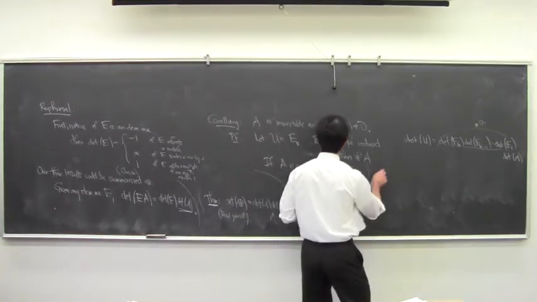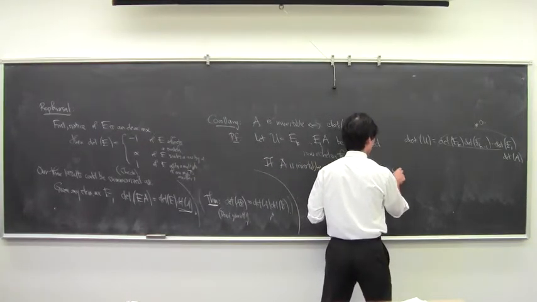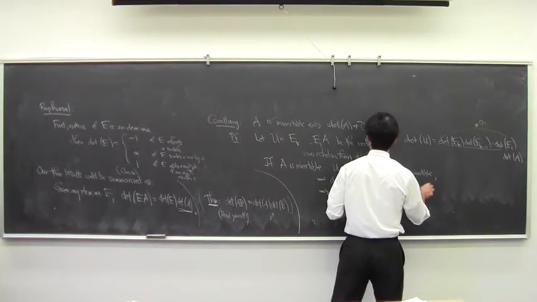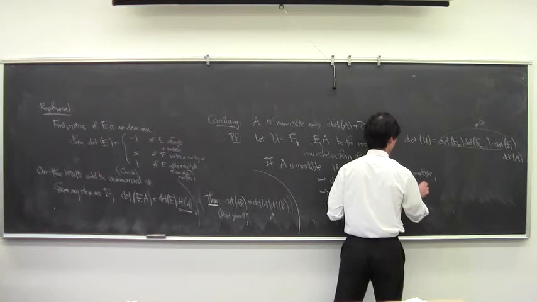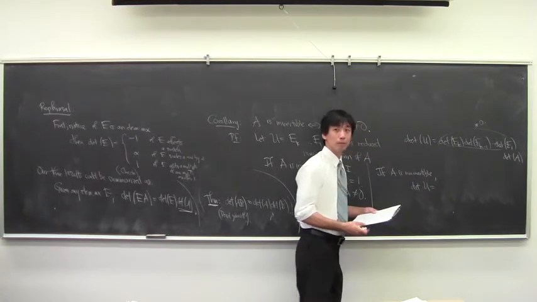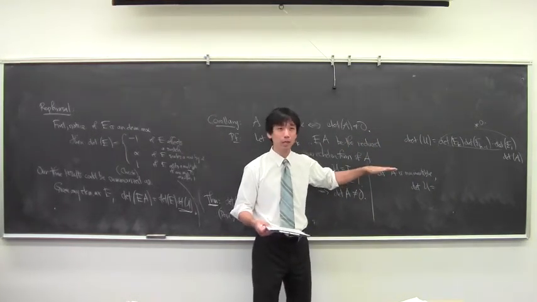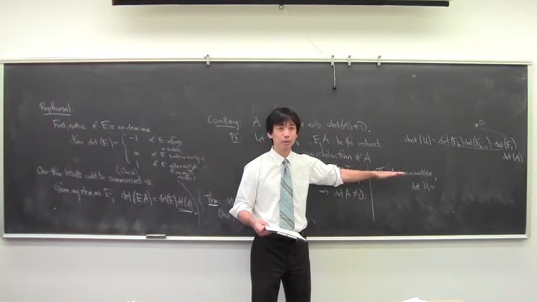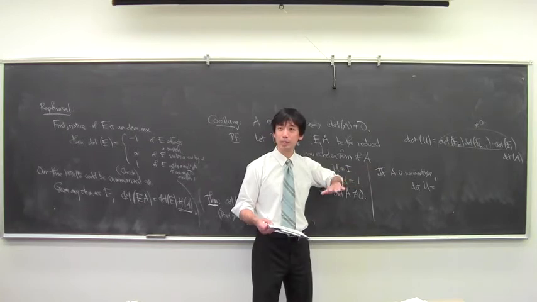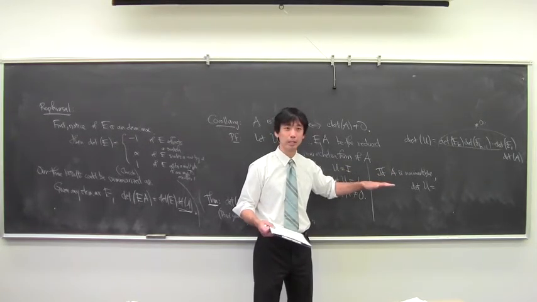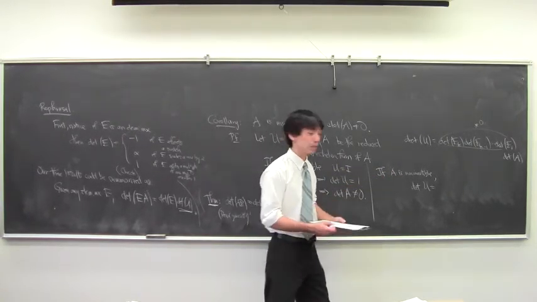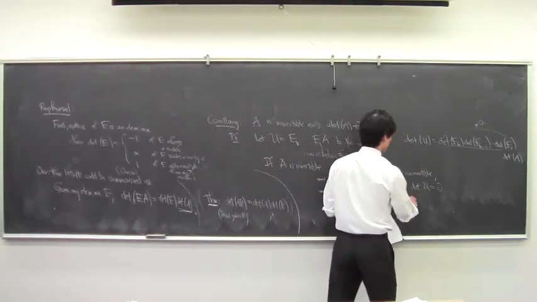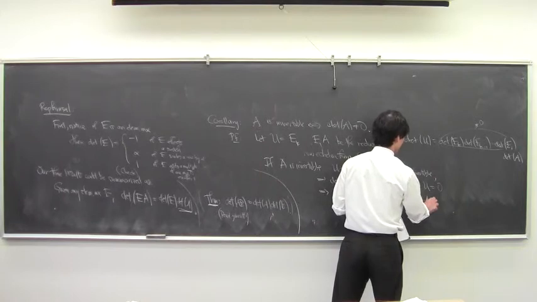And if A is non-invertible, then what happens to the row echelon form? You end up with zeros on the bottom row. And so the determinant of the reduced row echelon form is going to be 0. But that forces the determinant of A to be 0.